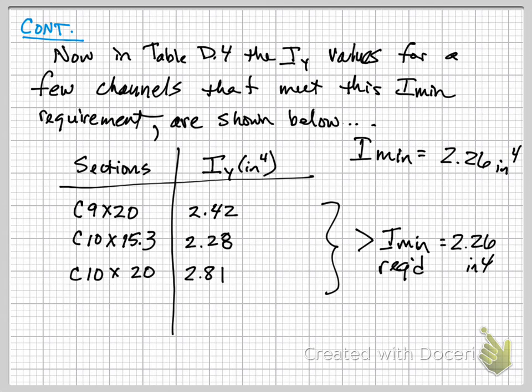However, we were asked to give the smallest one. And so in this case, the C10 by 15.3 is our smallest, and therefore the cheapest.